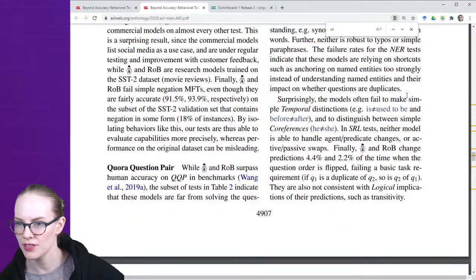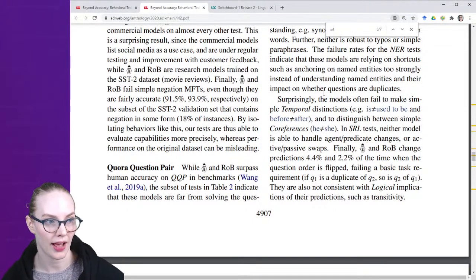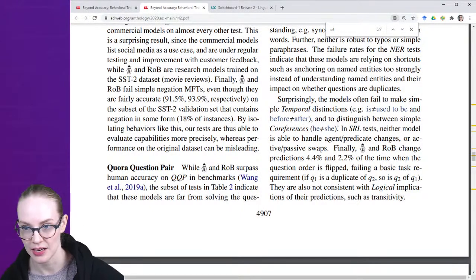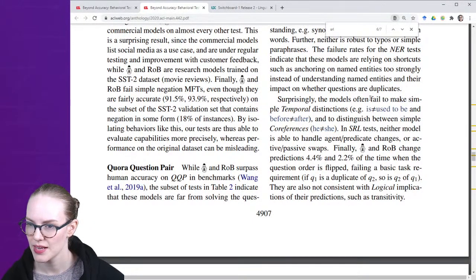Surprisingly, the models often fail to make simple temporal distinctions, e.g. is does not equal used to be, and before does not equal after. And to distinguish between simple co-references, he does not equal she. So I would say it's pretty rare for he and she to be used to refer to the same person. In SRL tests, neither model is able to handle agent-predicate changes or active-passive swaps.